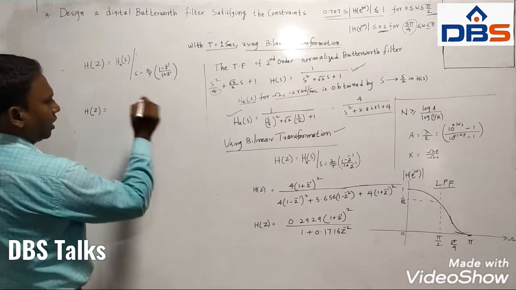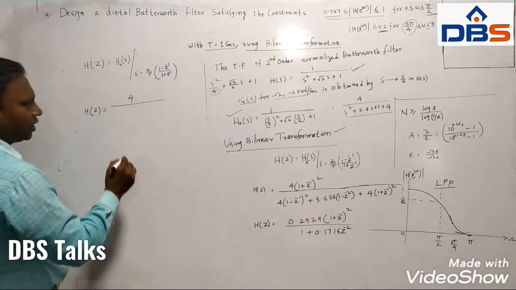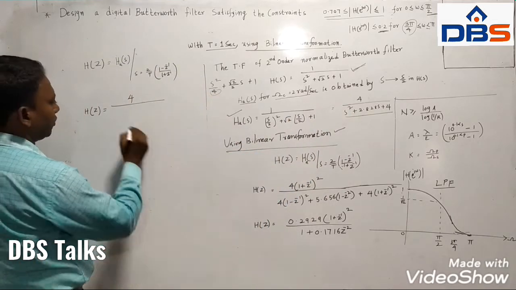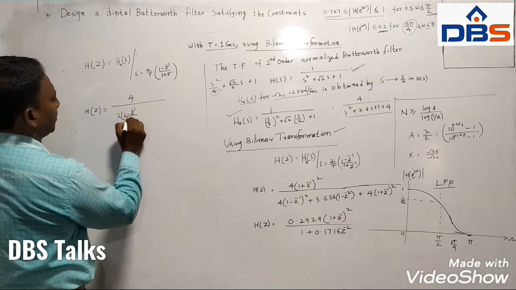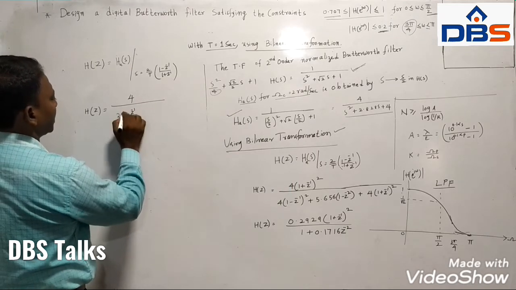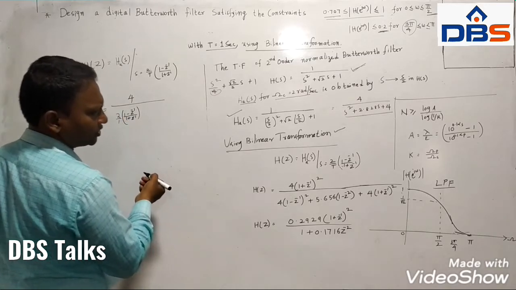So continuing, 4 divided by, and s is equal to 2 into 1 minus z inverse divided by 1 plus z inverse, because T is 1. Even if you write it or not, it is not a problem.